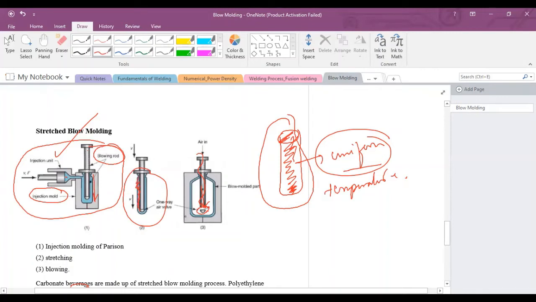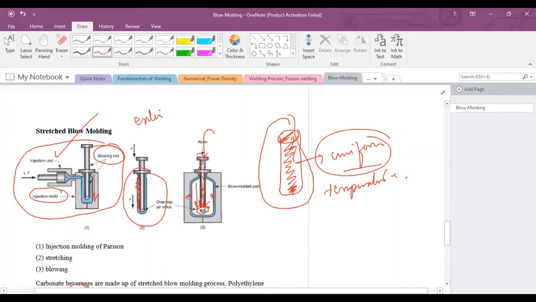In the third step, air will blow through this blowing rod, and the parison will extend downward and expand to the wall of the mold cavity.